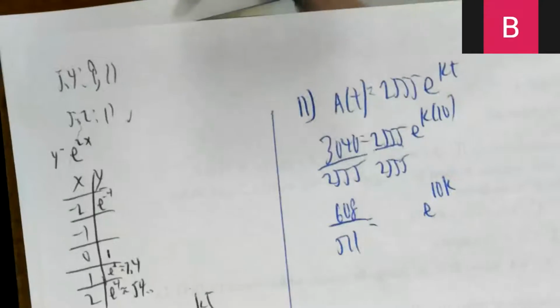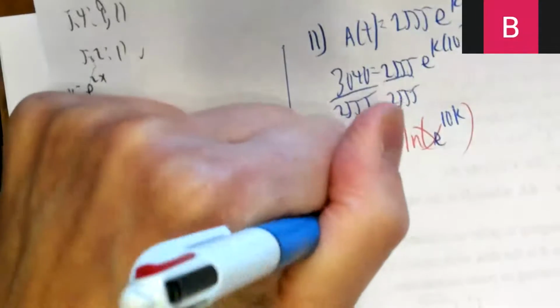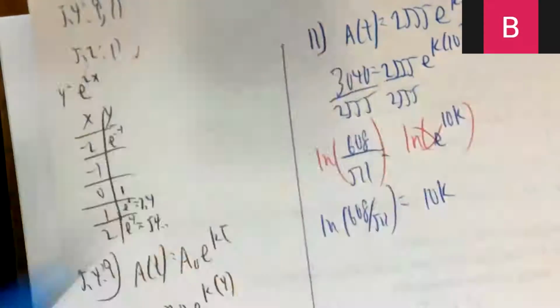Take ln: ln of 608 over 511 equals 10k. Divide by 10.